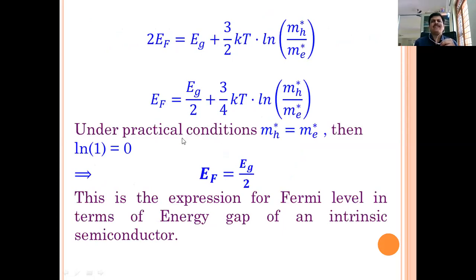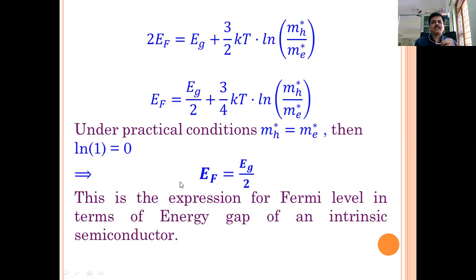Now under practical conditions, the effective mass of the holes will be taken as equal to the effective mass of the electrons. If this condition is applied to this equation, these two cancel, leaving ln 1. We know the value of ln 1 is 0, and 0 into anything is 0. Hence we get a relation like Ef equals Eg by 2.